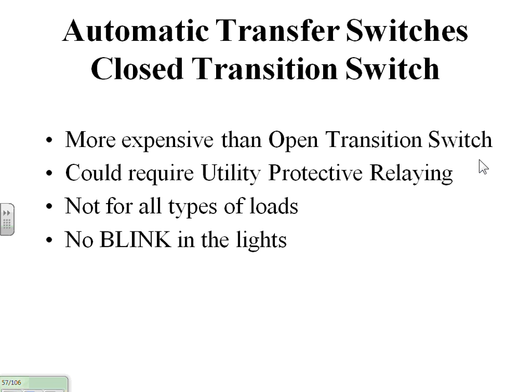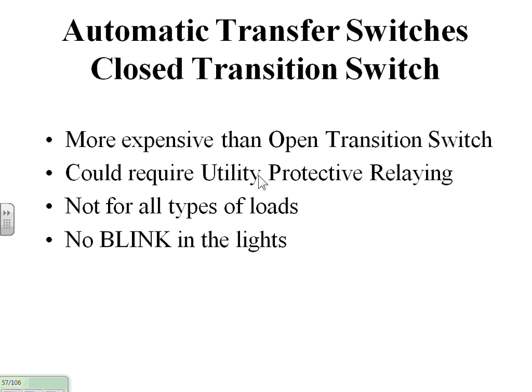And because we're closing actually to the utility at the same time we're on generator, both sources are closed together for just 100 milliseconds. The utility gets a little nervous, so they might require us to put on some super spiffy protective relays. These are typically made by Basler, Schweitzer, manufacturers like that. They're designed to operate very quickly. So they may require that.